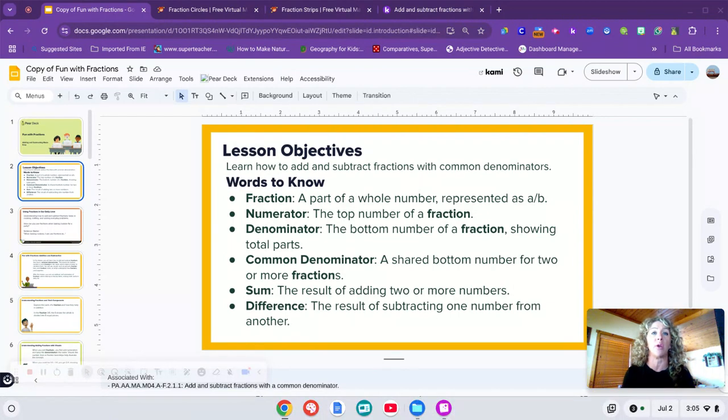Then there will also be an exit ticket at the end of the lesson. Students who have mastered this skill will add and subtract the numerators only, keeping the denominators the same and not adding or subtracting those. Then applying adding and subtracting fractions in real life situations, real life problems.